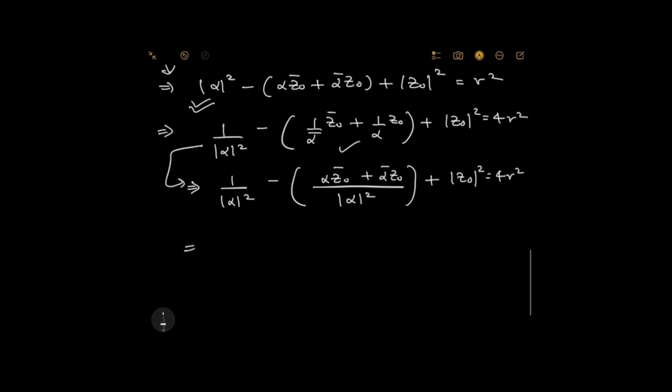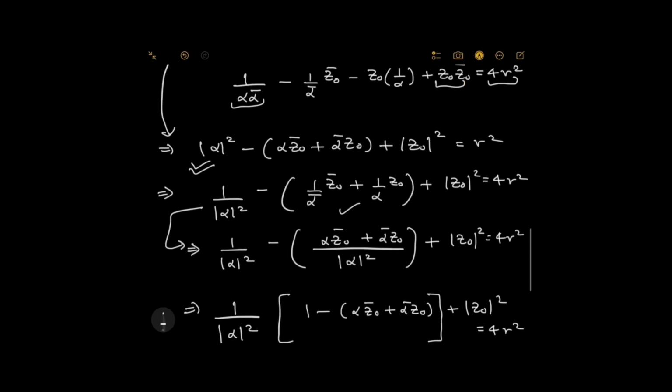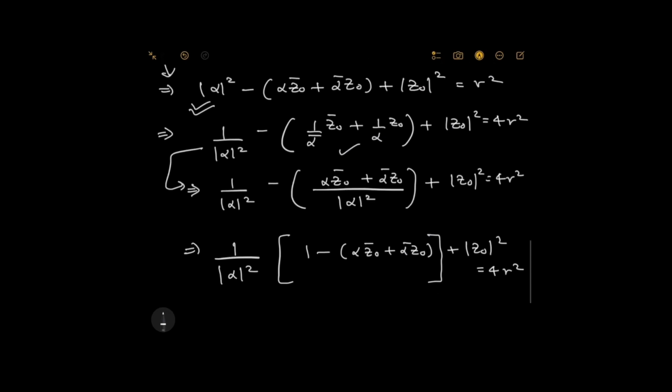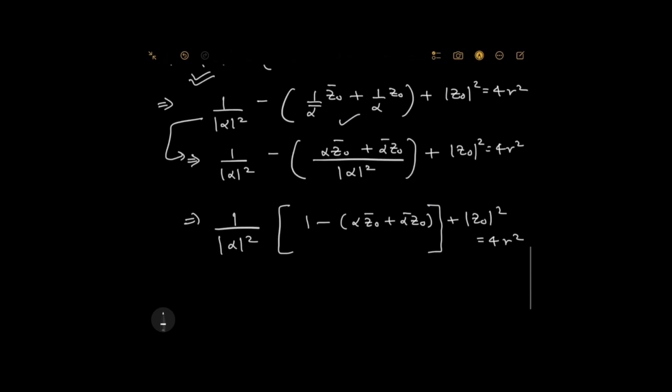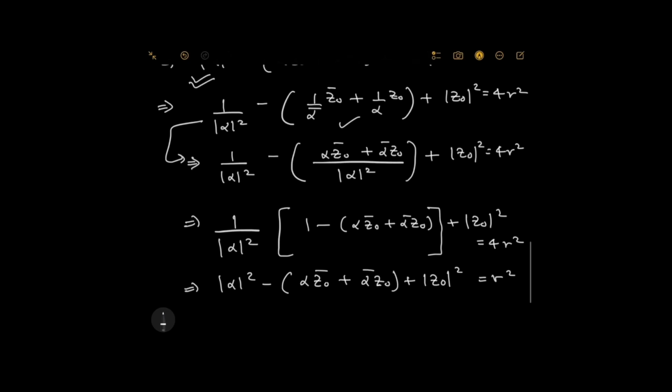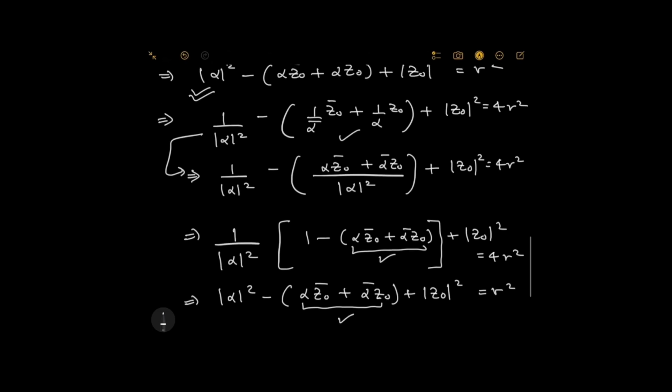I will take this common and we will be left with this. The things that we absolutely don't need are these and these, because they are complex quantities, and we don't really need them. They are present in both the equations, which is a very good thing for us because they can be easily eliminated.